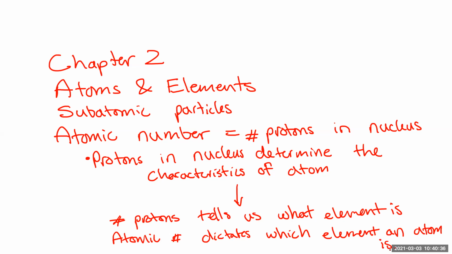Okay, so if we've talked about the atomic number, then let's talk briefly about the other number associated with an atom, which is the atomic mass. The atomic mass is equal to the number of protons plus the number of neutrons, okay?